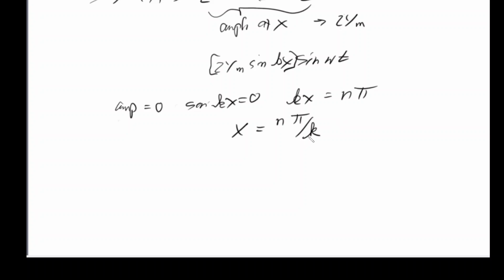So x equals n times pi over k, which, if we look back at our derivations, is equal to n times lambda over 2, where n is equal to 1, 2, 3. So this gives us the position of the nodes.